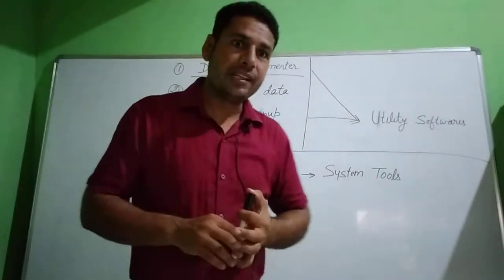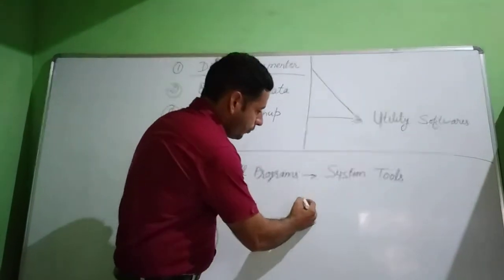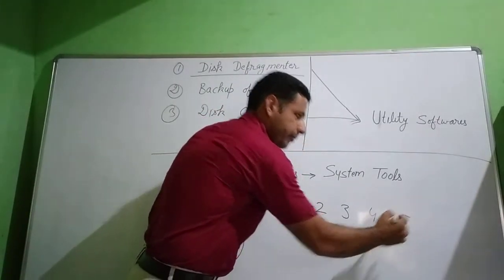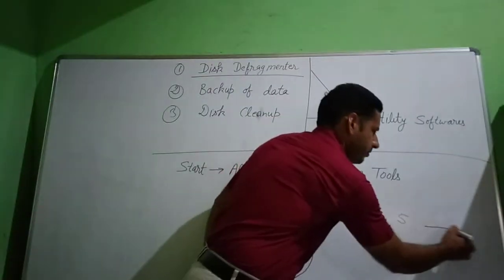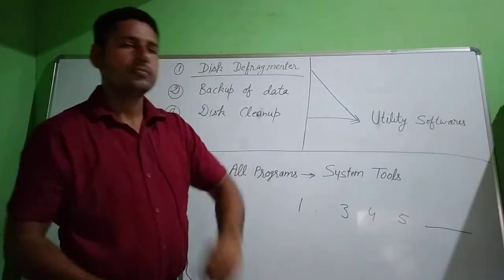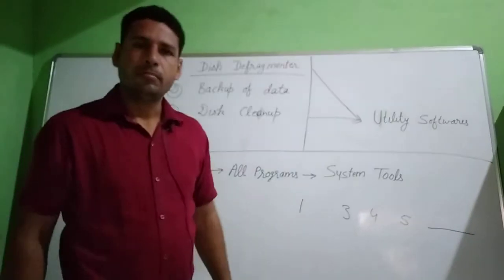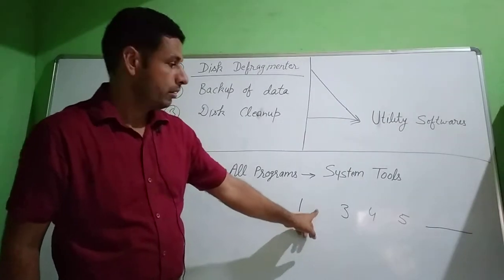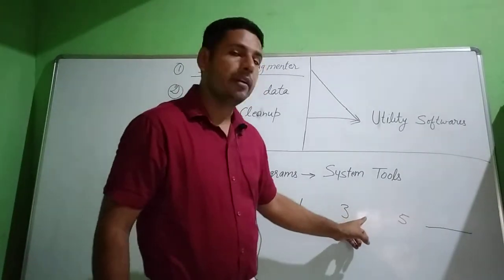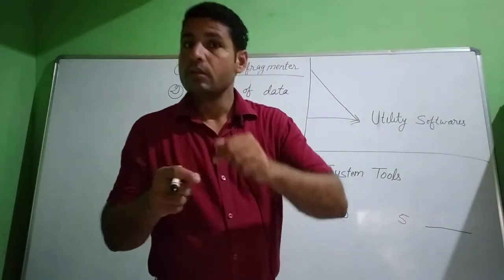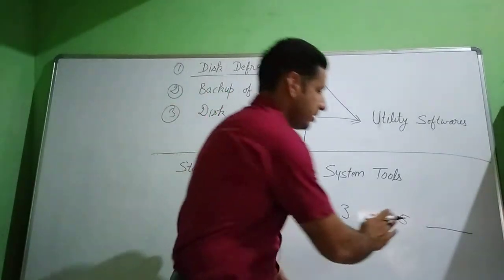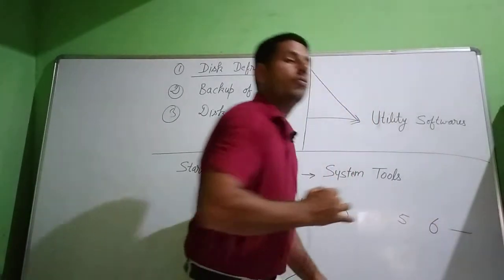Clear? Suppose you have file 1, file 2, file 3, file 4 and file 5, and we have more space after this. If we delete file number 2, it is deleted, but the space will remain here. If we delete file number 4, it is deleted, but the space will remain here. If we store file 6 on our computer, that will not take place here, that will take place here. What does it mean?